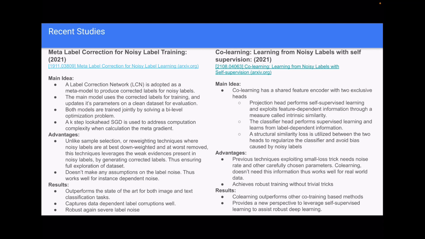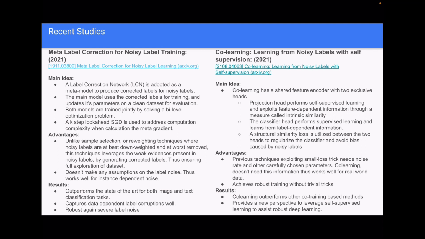The advantage here is, unlike sample selection or reweighting techniques where noisy labels are downweighted and removed, this technique leverages the weak evidence present in noisy labels by generating corrected labels. So it ensures that we are fully exploring the dataset. Another advantage is it does not make any assumptions on the label noise.